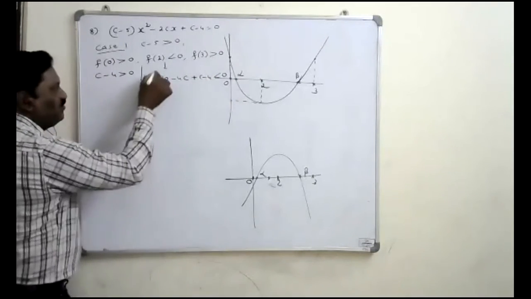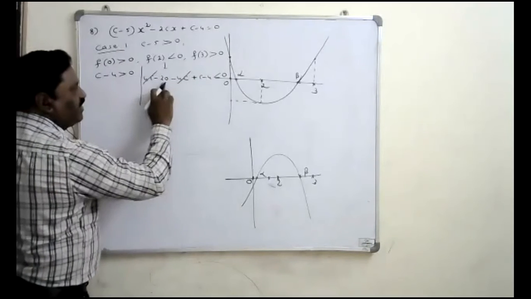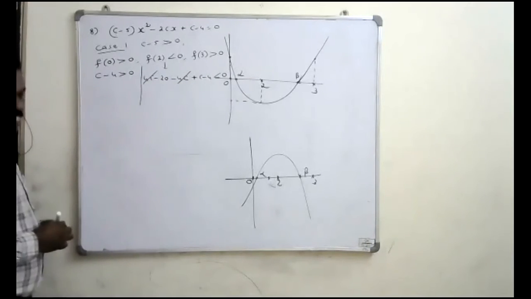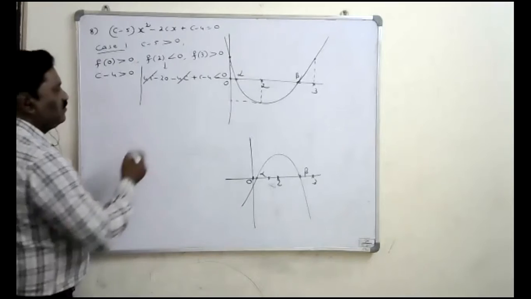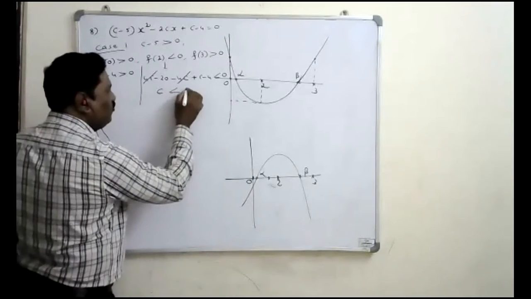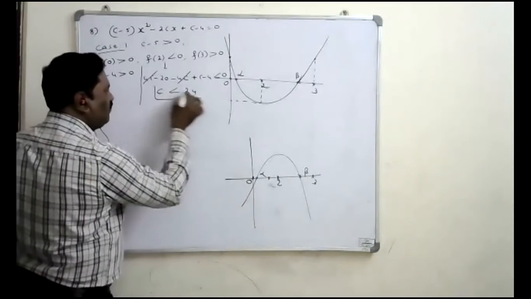This is the second condition. Here 4c cancels, and minus 20 minus 4 plus c gives c minus 24, which means c is less than 24.